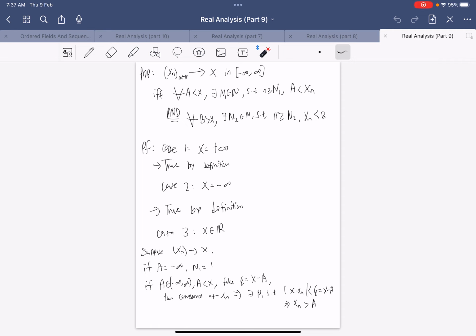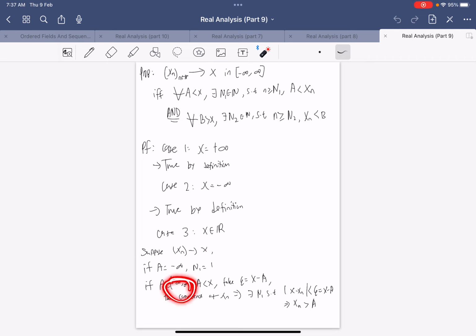And for the cases of infinity, you can see that it holds true by definition, so I won't go through that. But really what we want to say is, what if this is a real number? And if that's a real number, then if a is minus infinity, we can just choose any of the n's and it will work.